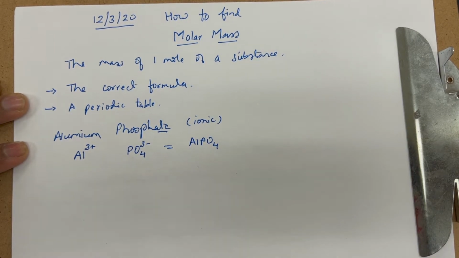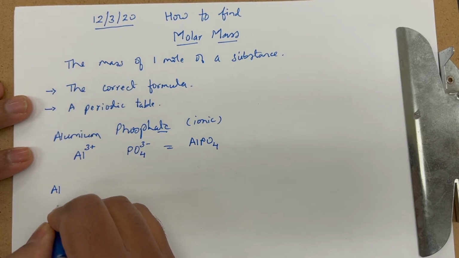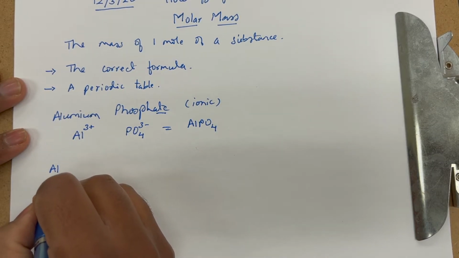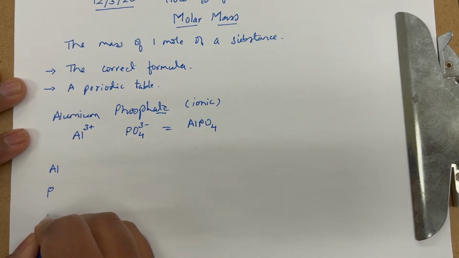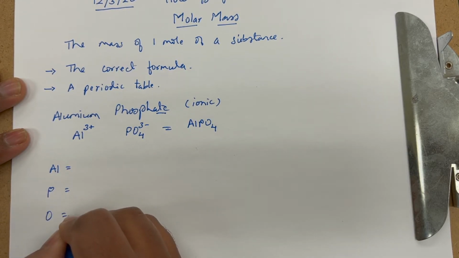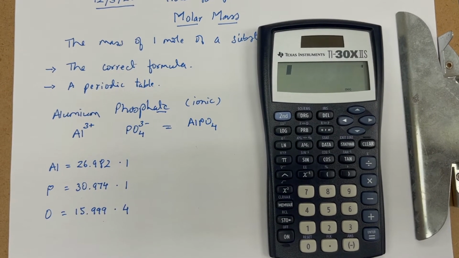So now that you have the correct formula, all you have to do is look up the individual masses of each element on the periodic table. So aluminum, phosphorus, and oxygen. Okay, so I have my atomic masses written down.